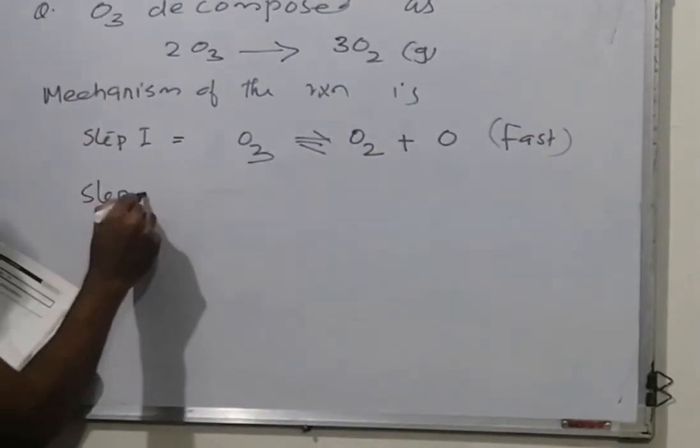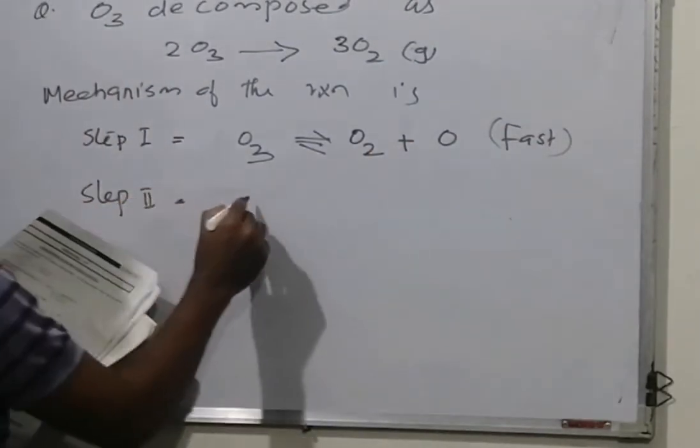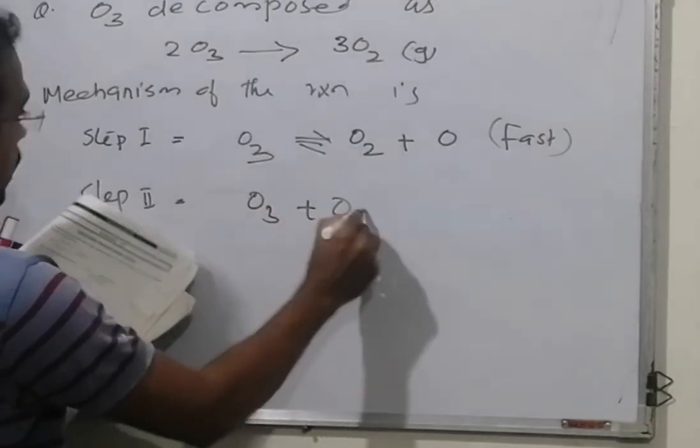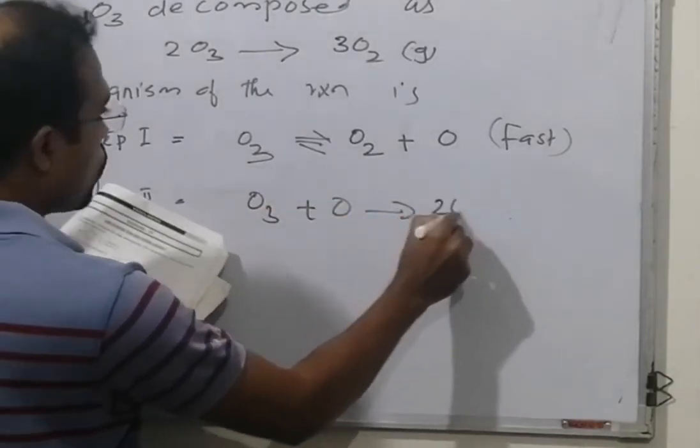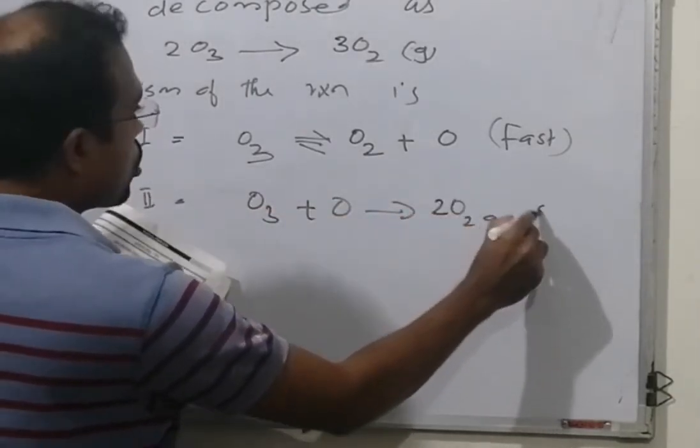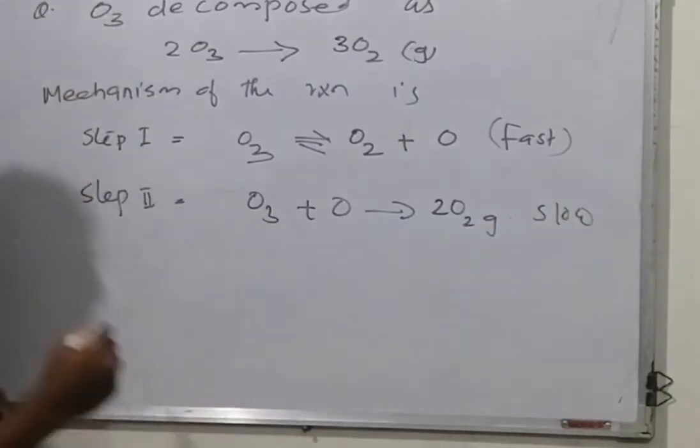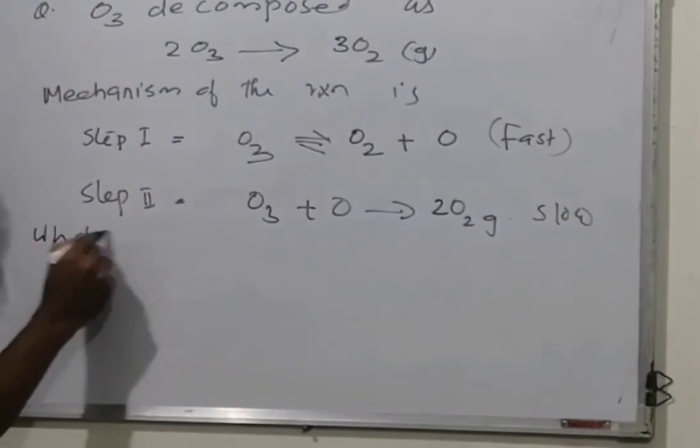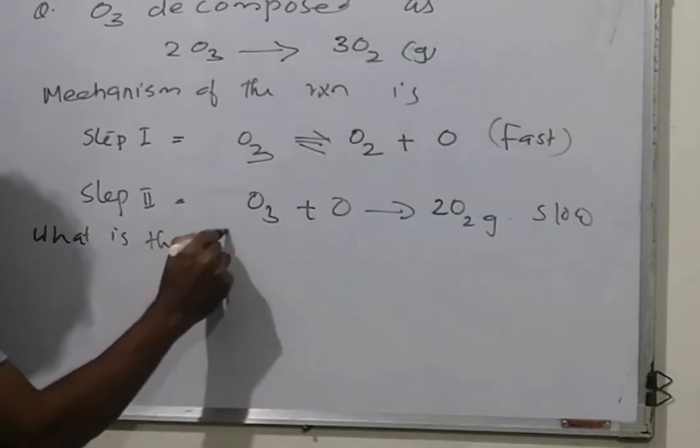Step 2, O3 plus O gives 2O2 gas, slow step. What is the rate law expression?